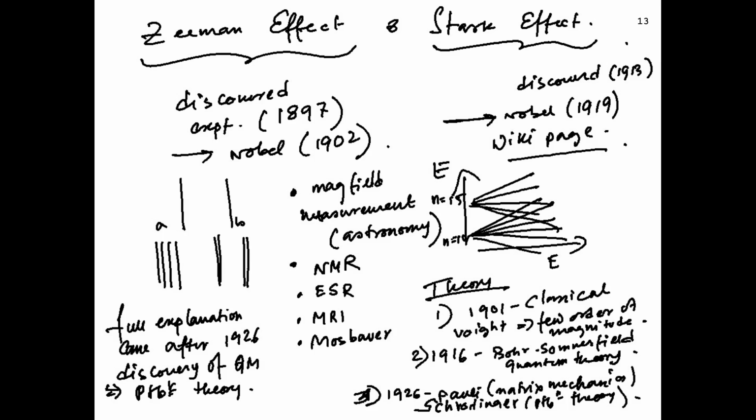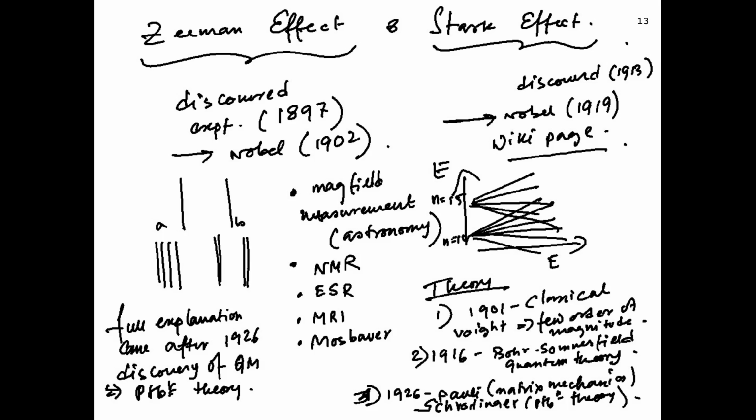So the explanation came after 1926. So it took almost 30 years to understand Zeeman's discovery, and until quantum mechanics appeared, people took it as some mysterious effect which they knew empirically, and it was enormously useful in many different things.